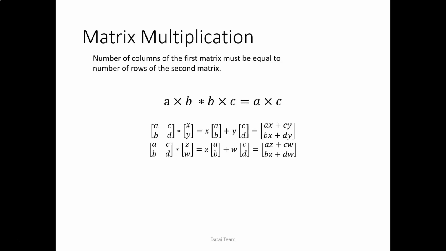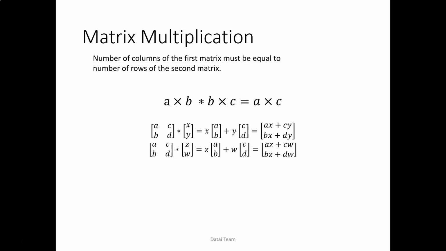We multiply z with AB, we multiply w with CD, and write the answer. We get az plus cw, not cy, as our first row, and we get bz plus dw as our second row. And what would happen if we wanted to multiply the matrix ABCD with the matrix XYZW?